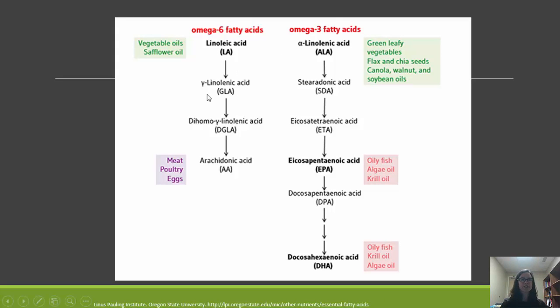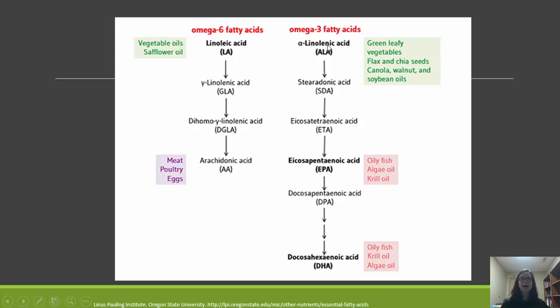This is converted to gamma-linolenic acid, dihomo-gamma-linolenic acid, and then our main biological substrate here, which is arachidonic acid. And you can see we do get some arachidonic acid straight from the diet. It's not converted from our omega-6 linoleic acid. Then we have our omega-3s, starting with alpha-linolenic acid, eventually being converted to EPA, and then to DHA.